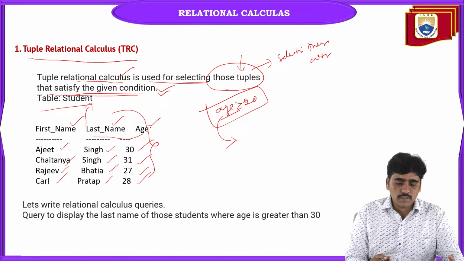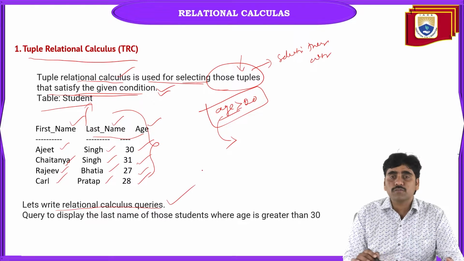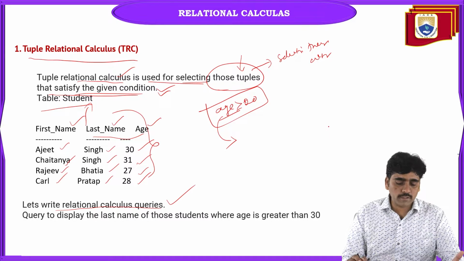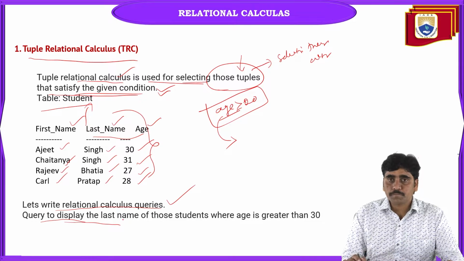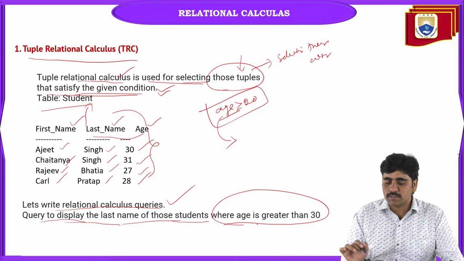So now what we have to do? Let us write relational calculus queries. We can understand this query. What is the query? Query to display the last name of those students where age is greater than 30.